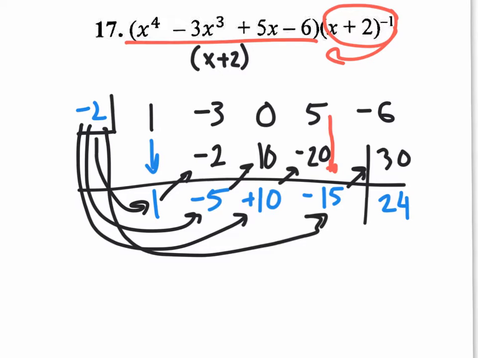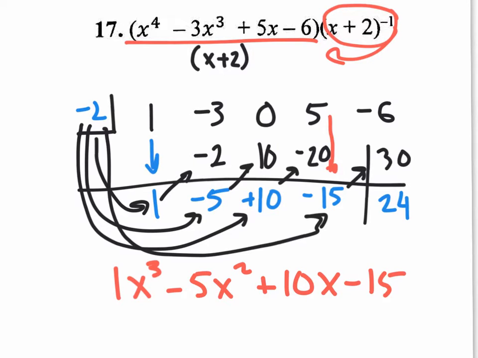Our final answer is going to be 1x to the what? 3rd. That's right. If you started with an x to the 4th and divided by x, it'll be x to the 3rd. And then the next one will be minus 5x what? Squared. You're just going down 1 each time. And then plus 10x minus 15. Then what about that 24?